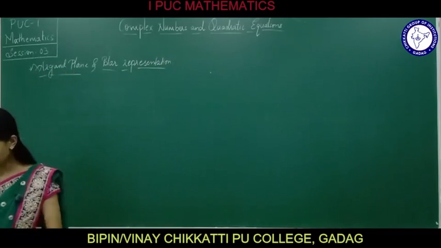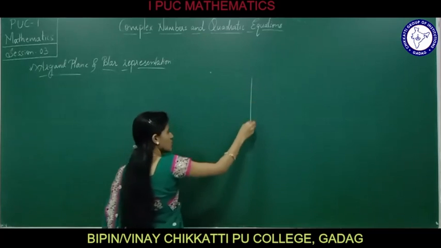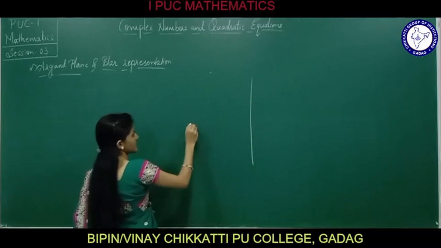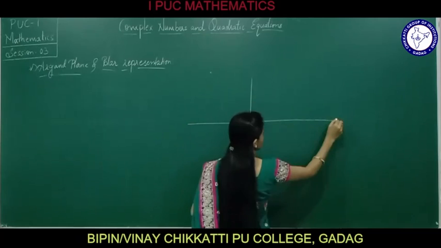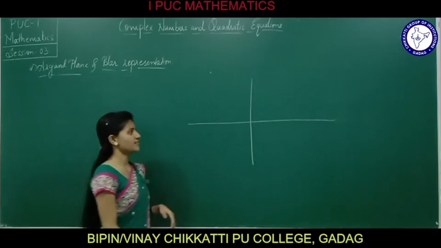As for real numbers, we used to represent numbers on the x and y axis, right? The same way here we are also going to represent these complex numbers along the x and y axis.